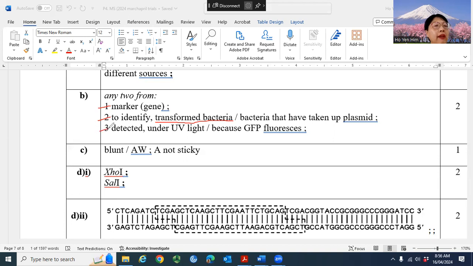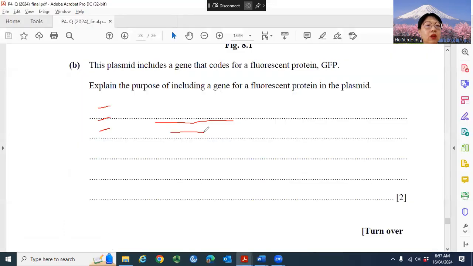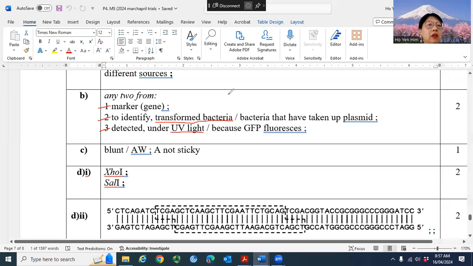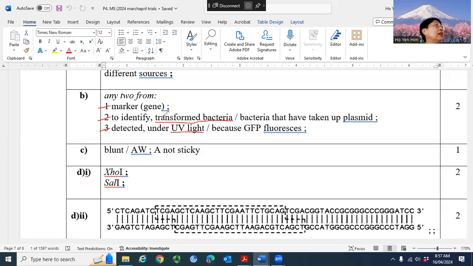We have to detect it by using UV light because it can fluoresce under UV light. Okay, so what is the purpose of the gene? The gene functions as a marker in order to identify whichever bacteria has taken up the recombinant DNA. So how to identify? When you shine UV light, the bacteria that's transformed will fluoresce.